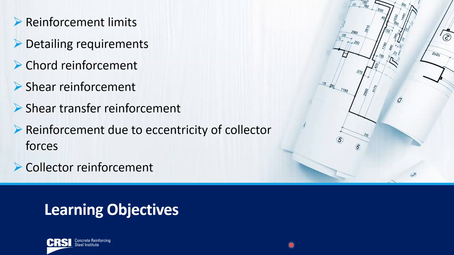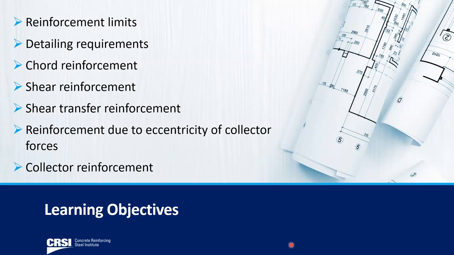What you'll see today is basically centered around building structures, but please keep in mind you can use this for any type of structure that has a diaphragm that will transfer lateral forces to vertical elements of some type of lateral force resisting system.